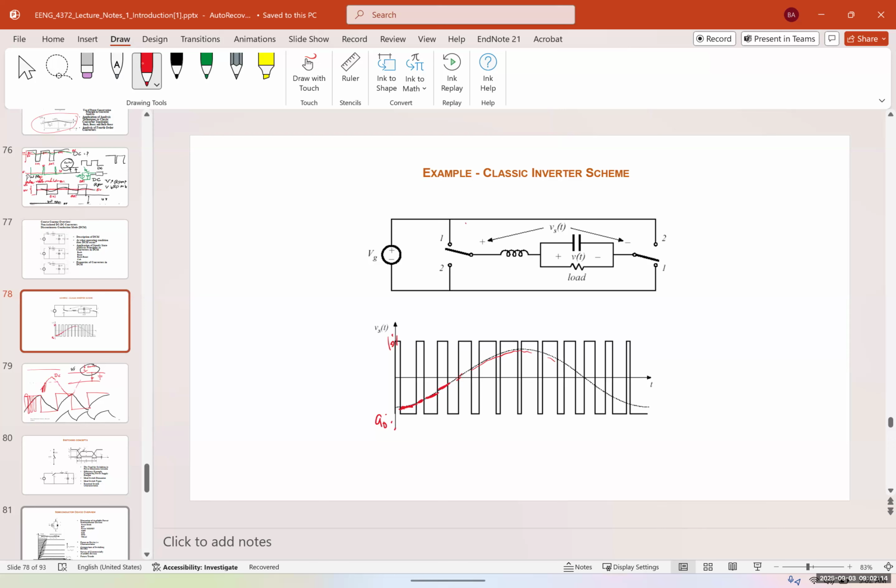But the problem here is that you need a very advanced switching system. Normal switching, you can't do multiple thousand times per second. So this is in the range of kilohertz, megahertz, sometimes even gigahertz. You need to have a very fast switching system, very good filter.